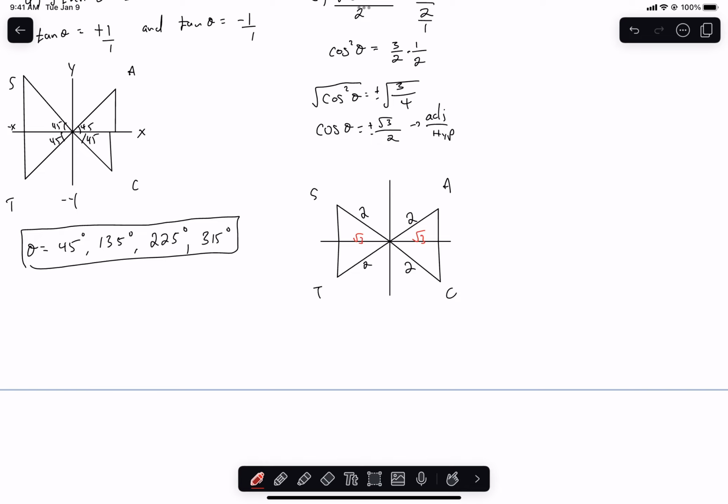So if that's root 3, then that must be 60, and subsequently that must be 30. So we're dealing with the 30-degree triangle all the way around, which must mean that theta must be 30 degrees, 150 degrees, 210, and finally 330, all the way around.